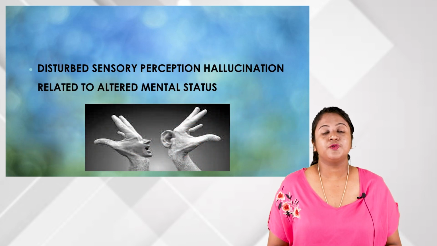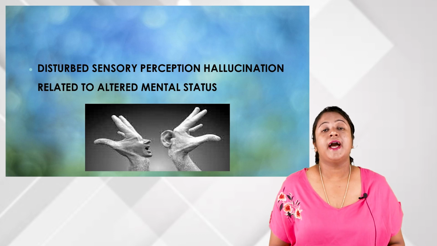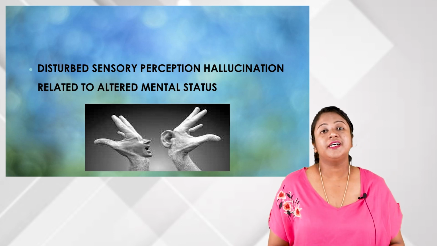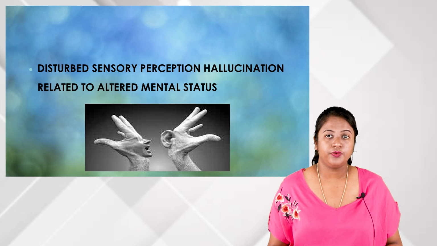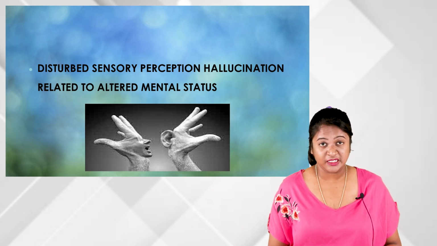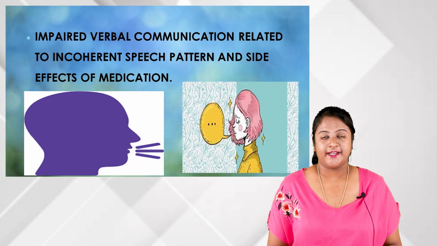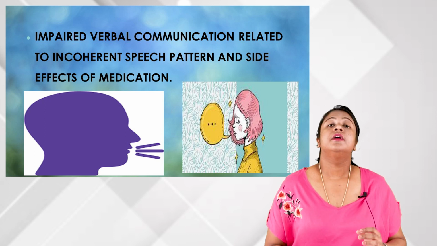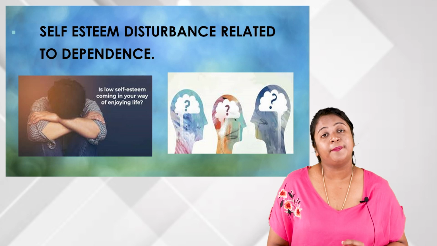The next nursing diagnosis we have is disturbed sensory perception, that is the hallucination if the client is having, related to altered mental status. Next nursing diagnosis is impaired verbal communication related to incoherent speech pattern and side effects of medication. The next important nursing diagnosis is imbalanced nutrition less than body requirement related to anorexia secondary to alcohol dependent syndrome.